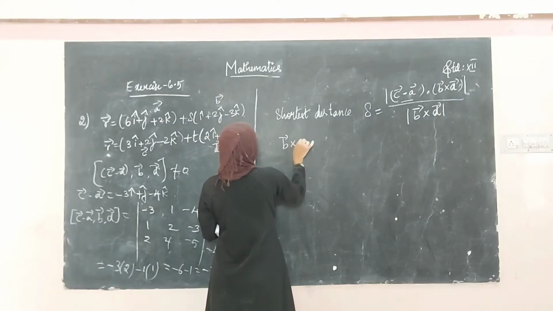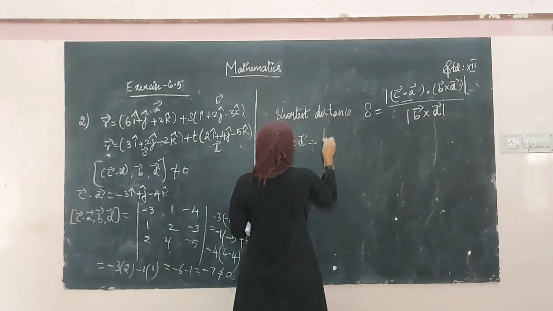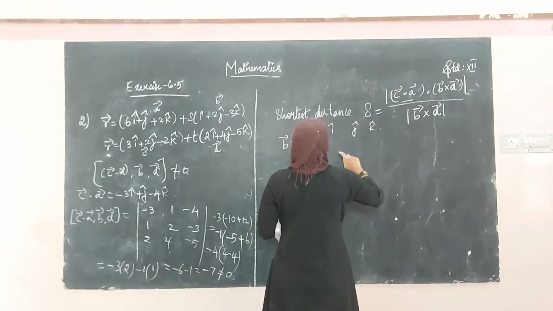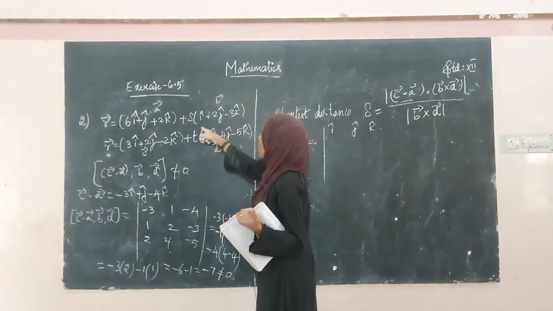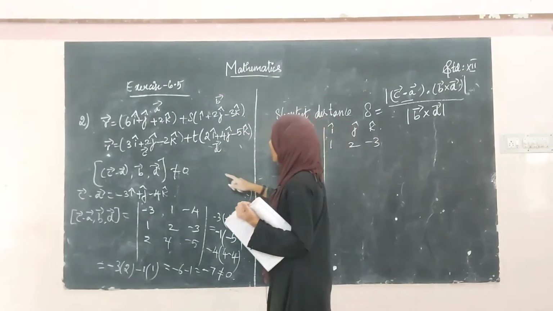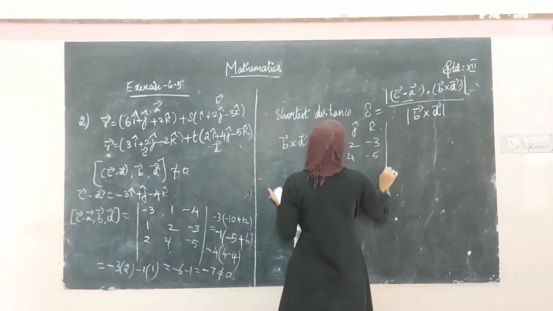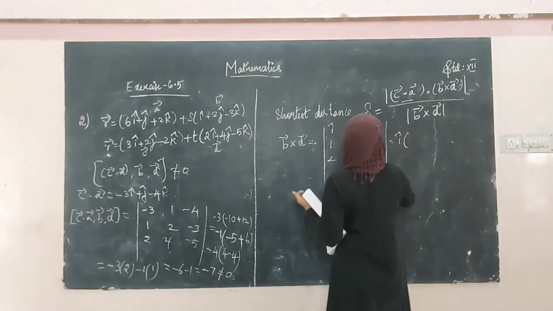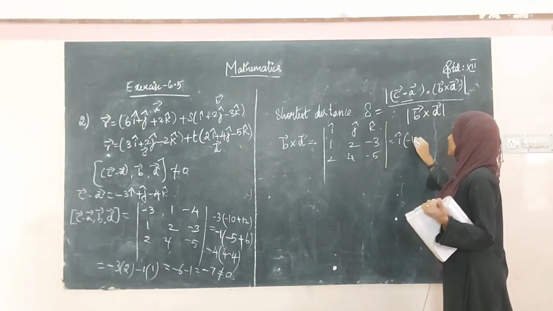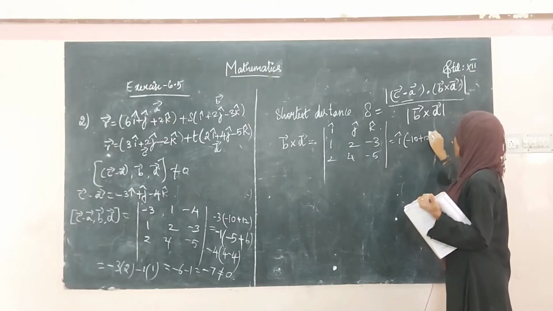B vector cross d vector is equal to the determinant with i cap, j cap, k cap. What are the coefficients of b vector? 1, 2, minus 3. What are the coefficients of d vector? 2, 4, minus 5. I cap into minus 5 into 2 is minus 10, minus of 4 into minus 3 is minus 12, so it is plus 12.